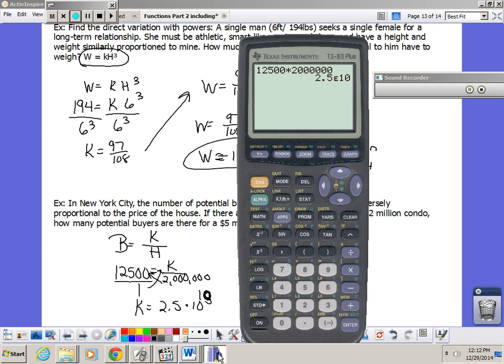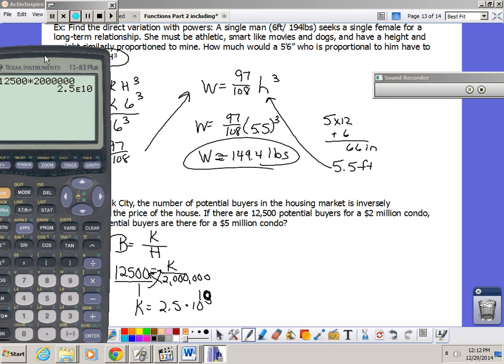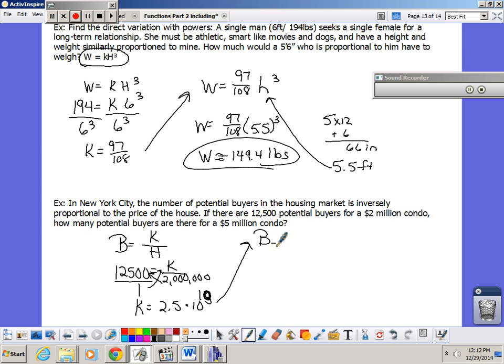Didn't even read that right. That's what E means, times 10 to the. So I come up here, B is equal to 2.5 times 10 to the 10th over H. So B is equal to 2.5 times 10 to the 10th over 5 million.